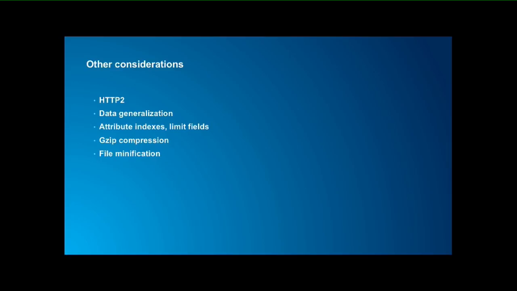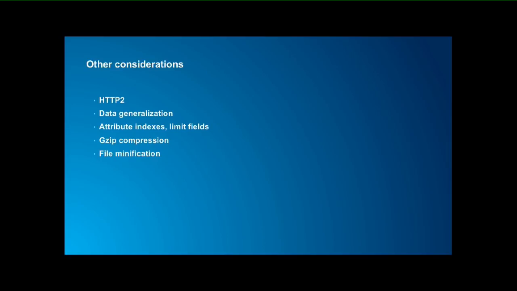All of those little things added up make the overall total potential performance, or if it's bad, the lag that it takes the app to load to get to your user.